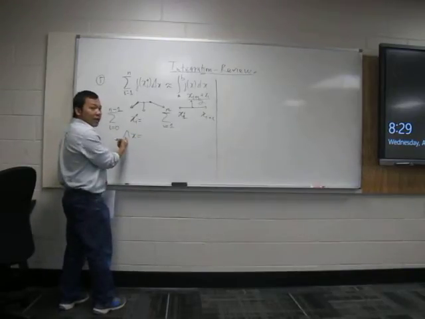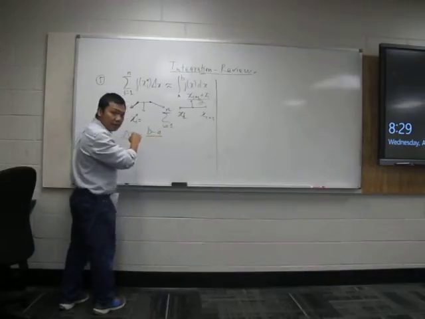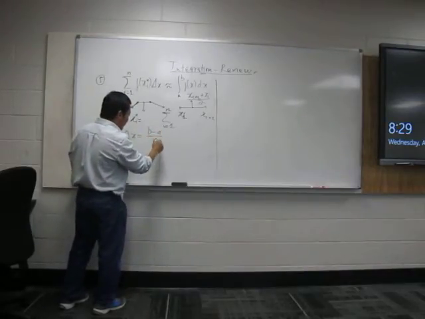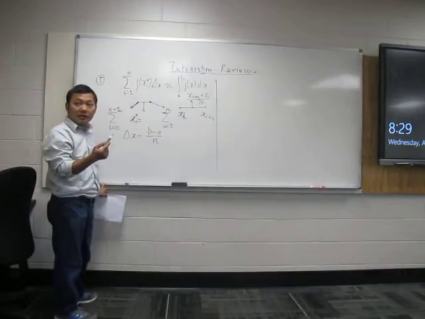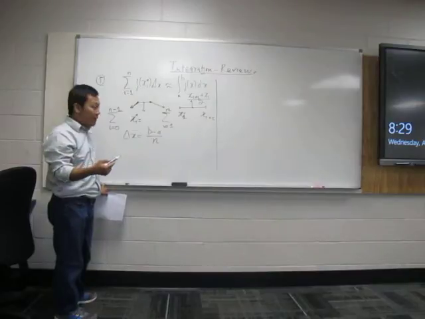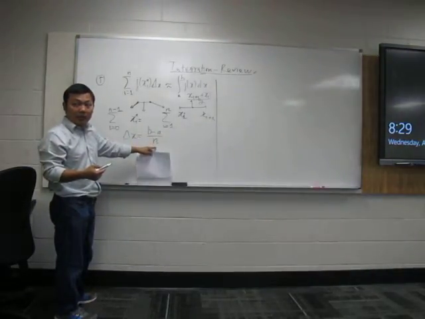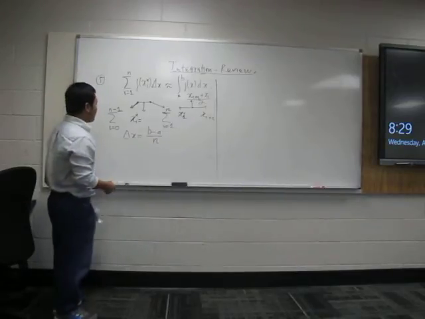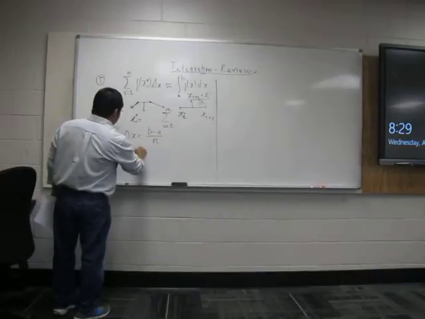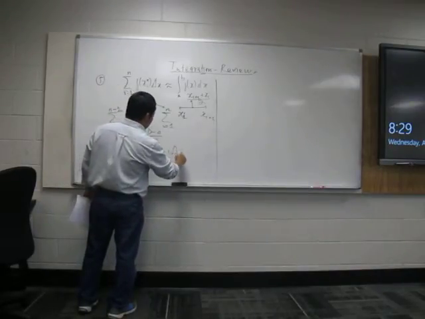First, we need to find delta x. Delta x is b minus a over n, where n is the number of subintervals, and a and b define the interval. B minus a is the length of that interval. Since we have n subintervals of the same width, we use that. And then xi is equal to x0 plus i delta x.